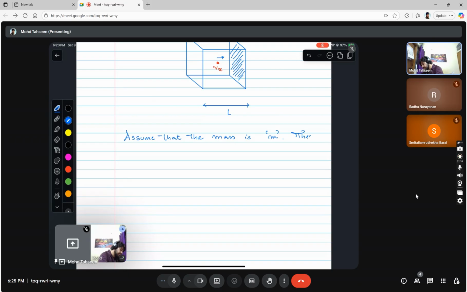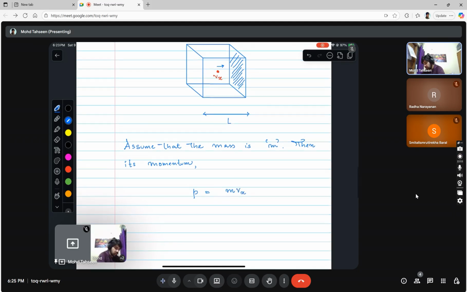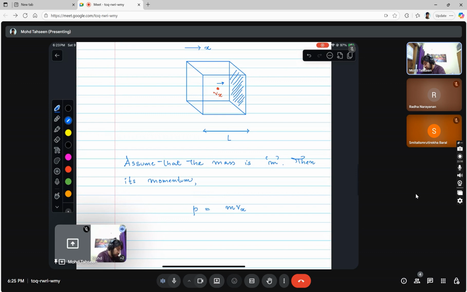Then its momentum will be written as, let me call that, let's say some small p. Okay, small p represents momentum. Then the momentum will be m v x, right? Because it's moving in the positive direction.